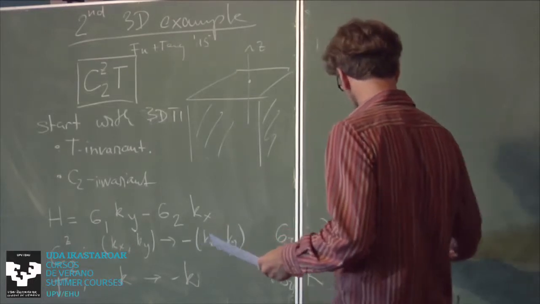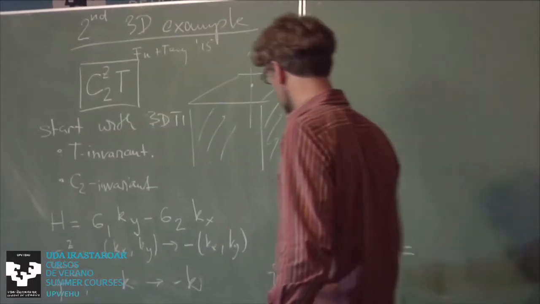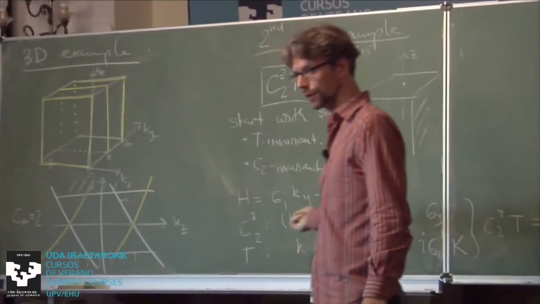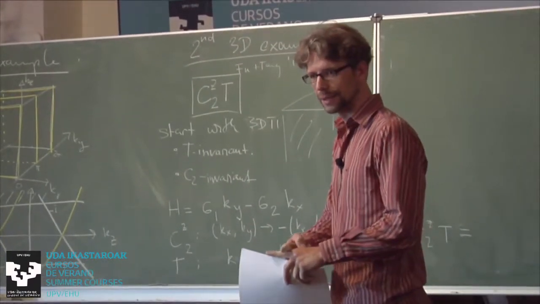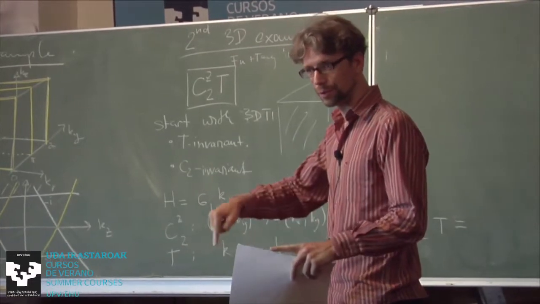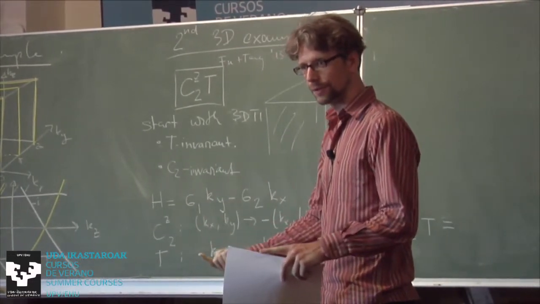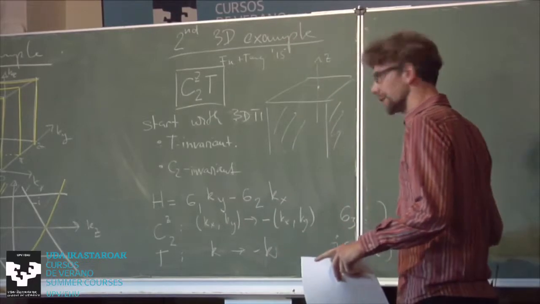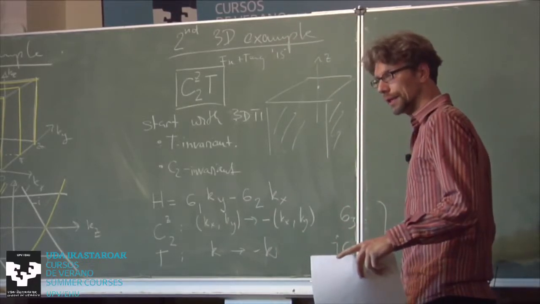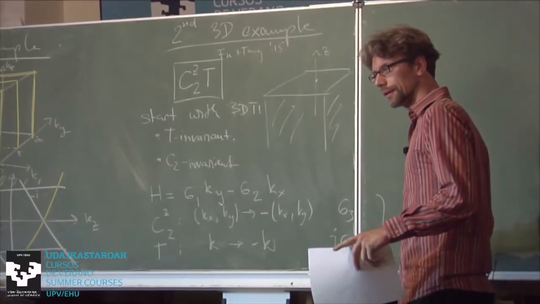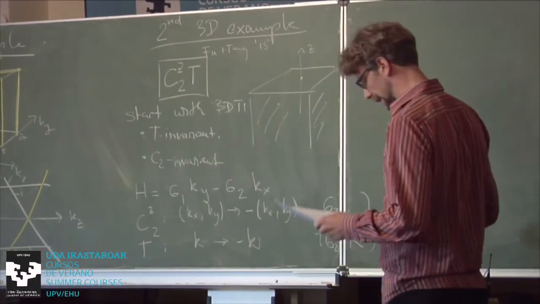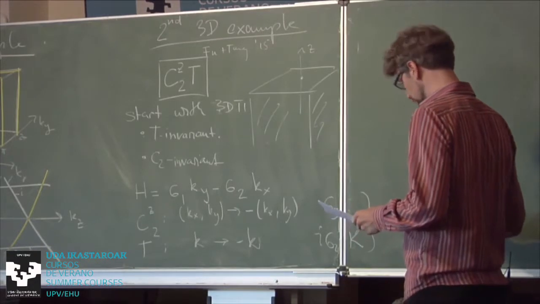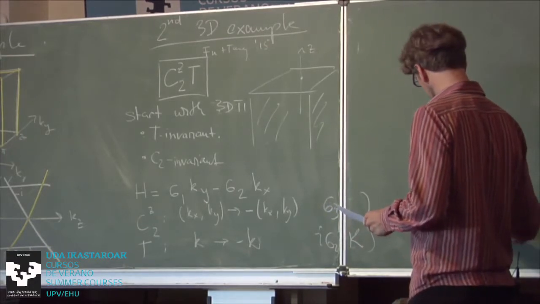First of all, it will be local in the surface Brillouin zone, because if I only have kx and ky as good momenta, they are both getting inverted by C2 and by time reversal. So the combination of these two symmetries is a non-local symmetry in real space, right? But in k-space, it's a local symmetry. And if I compute it, I just get sigma 1 times k, okay?